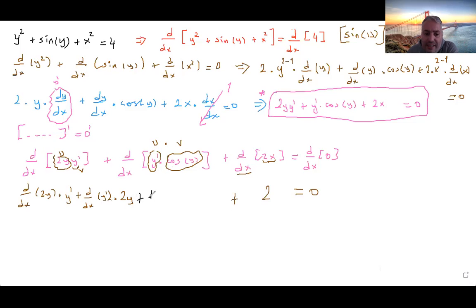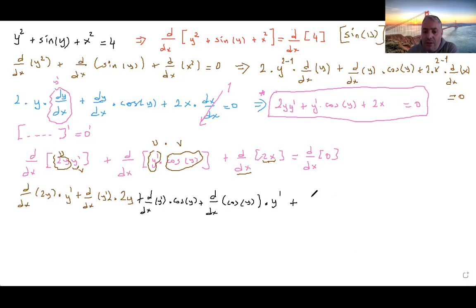So d/dx of y prime, the first function's derivative, times the second function itself, cosine y, plus the second function's derivative, which is d/dx of cosine of y, times the first function itself, plus the derivative of 2x.